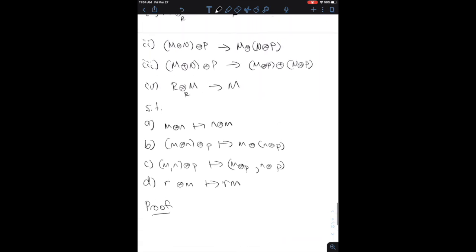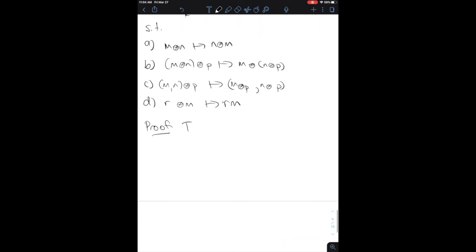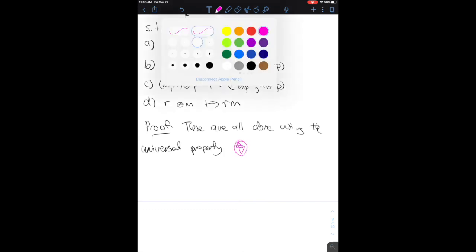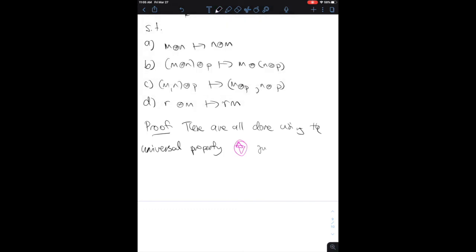Okay, so to prove these properties, you want to use the universal property again. So these are all proved using the universal property in a very similar way to the corollary above.